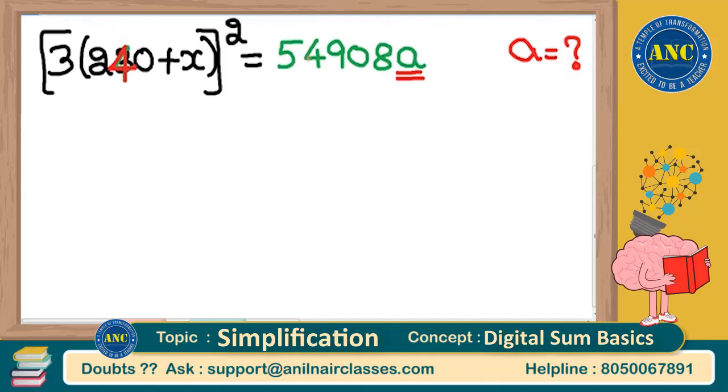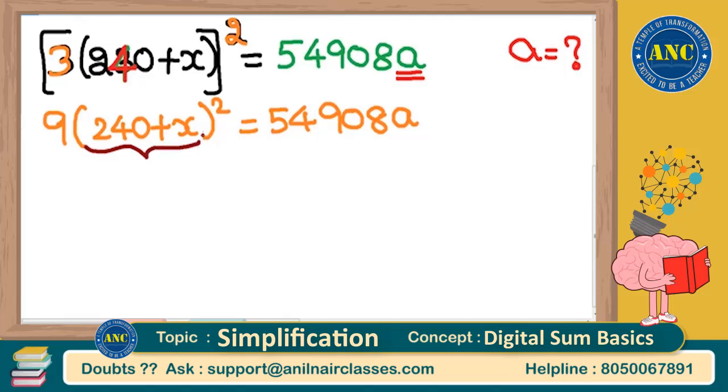First of all, let us understand how students will solve this question. They will think that 3 square is nothing but 9, and they will write (240 plus x) whole square as it is. It is of the form (a plus b) whole square, so you apply the formula a square plus 2ab plus b square.